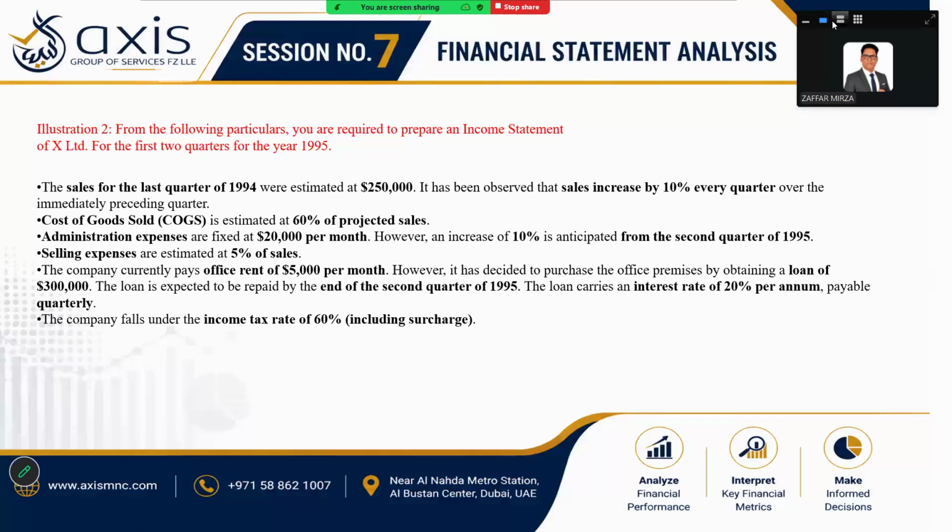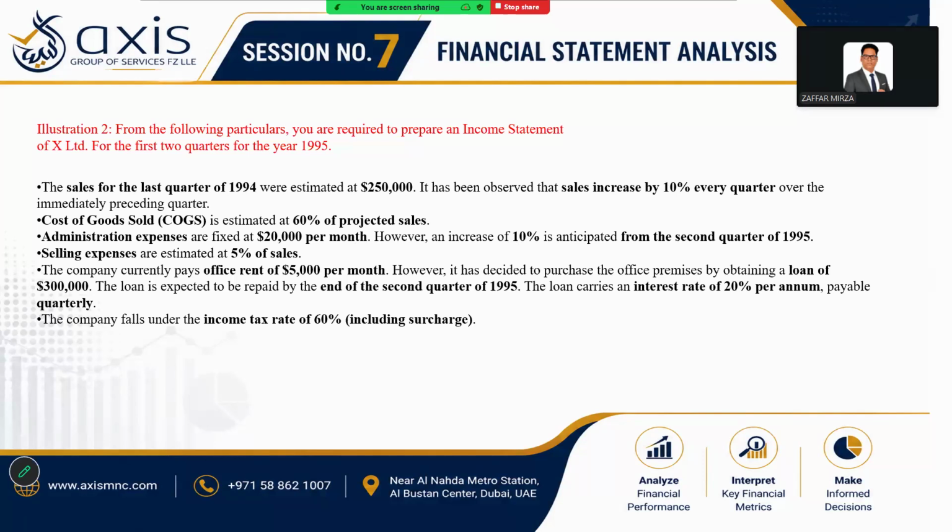Cost of goods sold is estimated at 60% of projected sales. So quarter 1, 250 multiplied by 60%. Quarter 2, 275 multiplied by 60%. Administrative expenses are fixed, 20,000 per month.